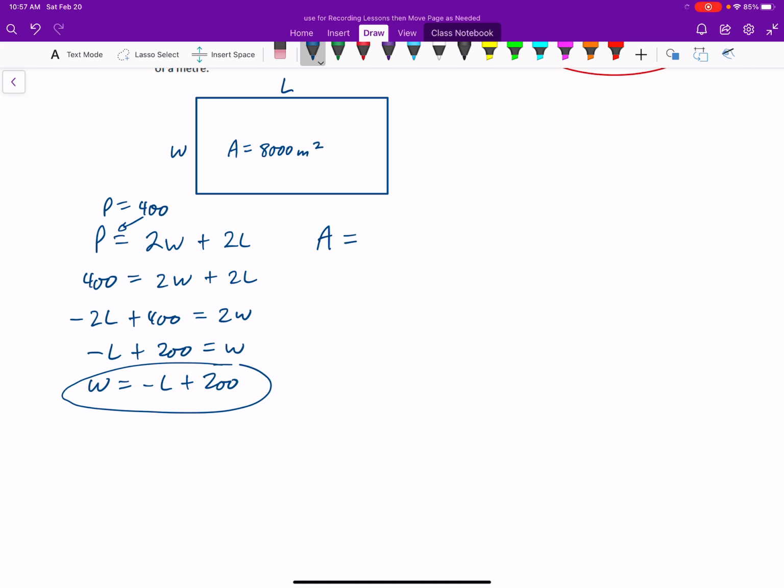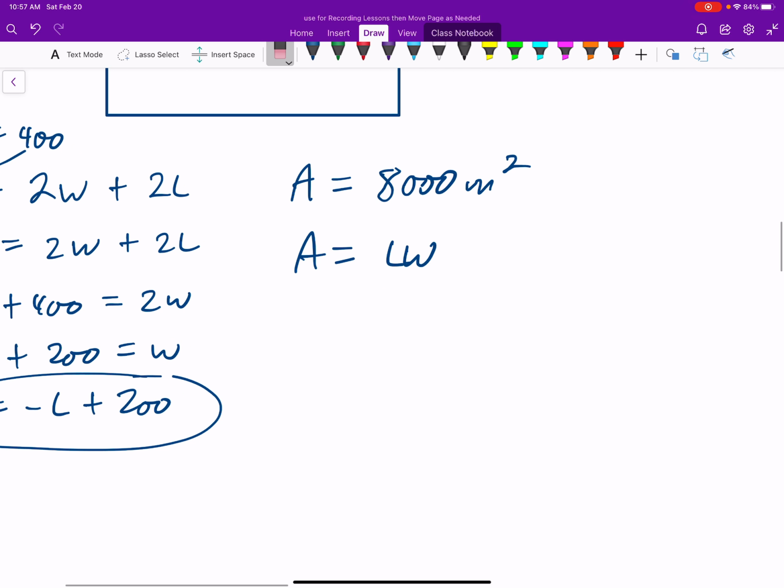Area is also equal to 8,000, as we saw just above, but it's also equal to length times width, right? So if I put 8,000, sorry, I'm not sure why my Apple Pencil is really going wonky today, but I have to keep erasing strange things it writes.